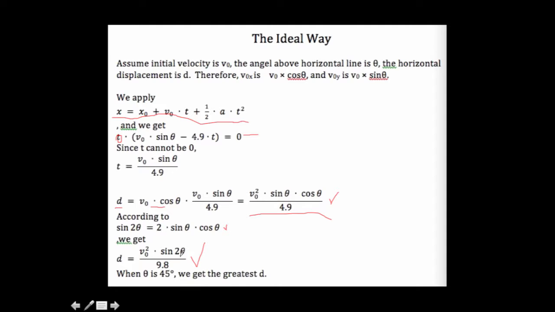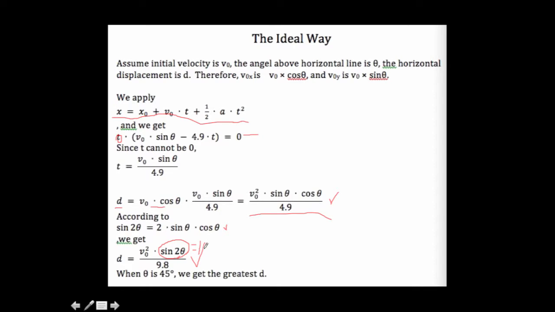According to this result, we can find that the biggest value of sine, let's say of alpha, is equal to 1. When alpha, this number, is 90 degrees, we can get the biggest number.